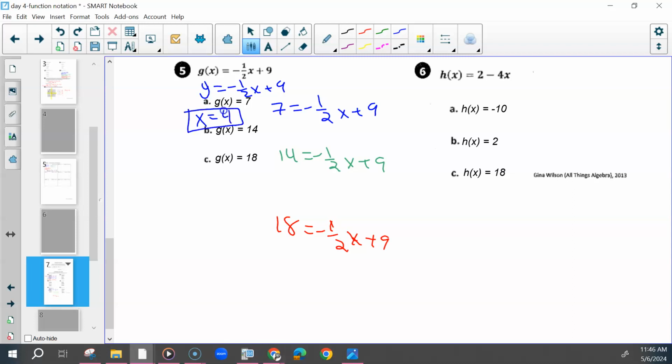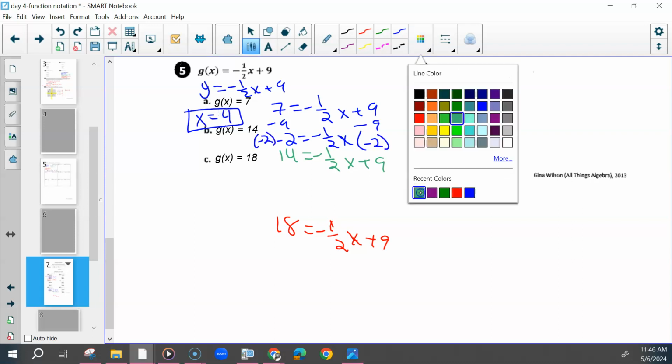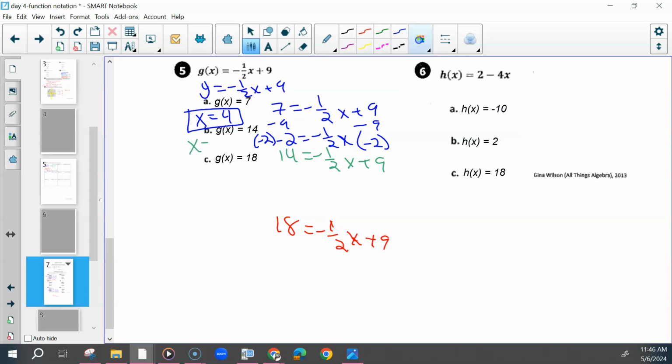If you're doing it algebraically, you would have subtracted 9 and then multiplied both sides by -2. That work would be the same for each one. And then for B, what would that be?